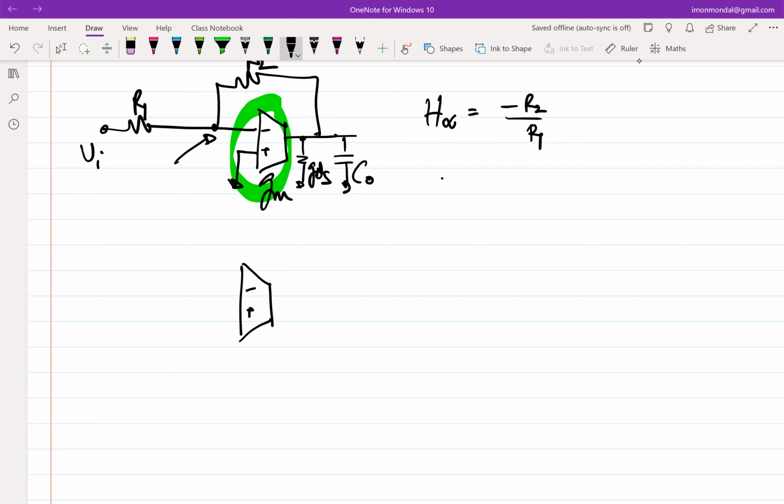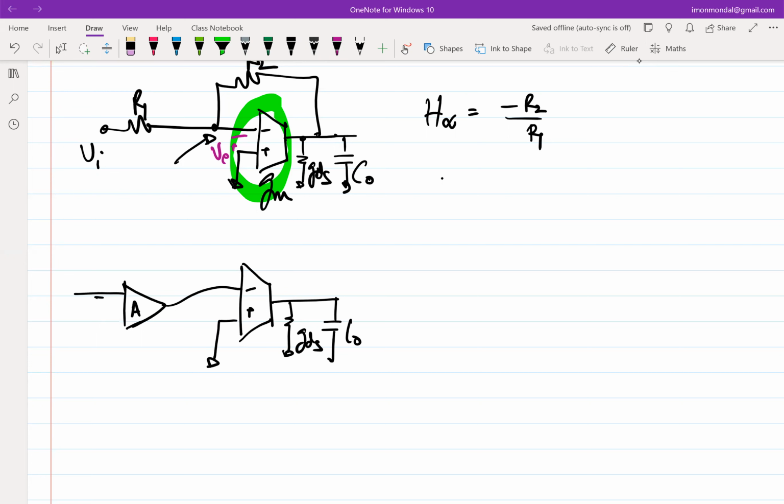One way to increase the gain of this DFAM is to put another gain stage here. So this was the VE, the error voltage.